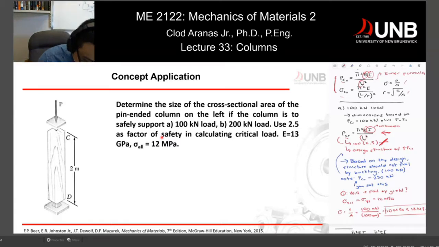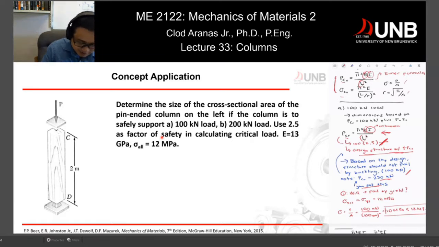So now we multiply it by 2.5, and so we have a designed structure with higher PCR than 100 kilonewtons. Based on the design, and I wrote it here, the structure should not fail by buckling at 100 kilonewtons. That's the load we want to apply. Your PCR now becomes 250 instead of 100, technically based on that calculation. You set this one, you didn't obtain it through calculations.